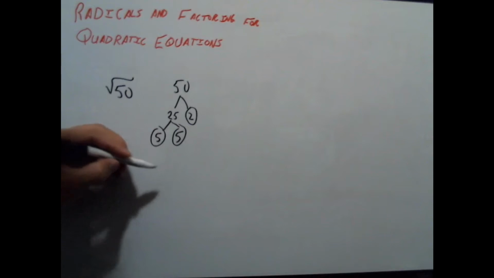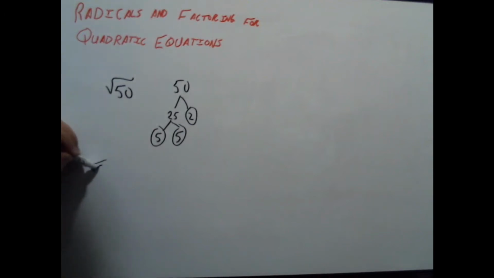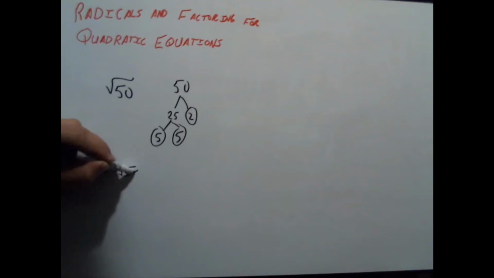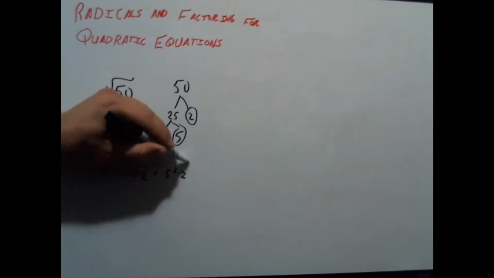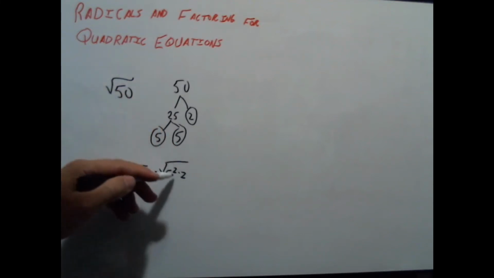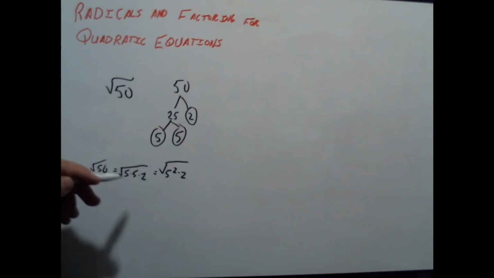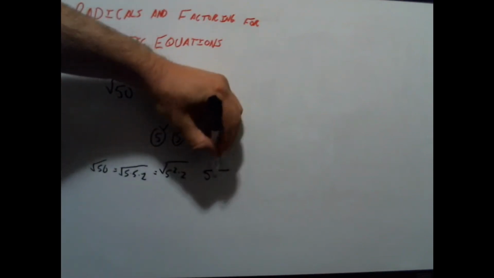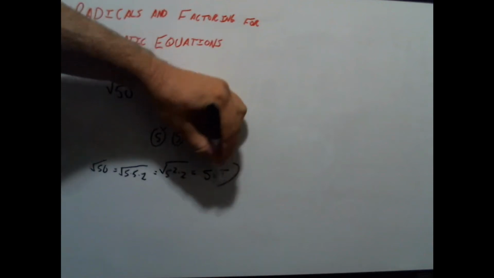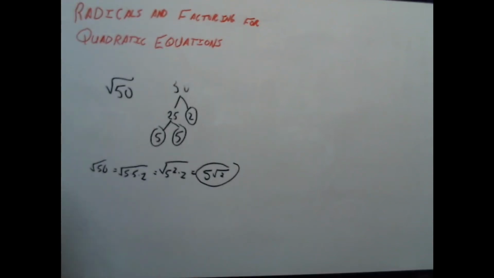So I got radical 50 equals radical 5 times 5 times 2, and that equals 5 squared times 2, since I have two 5's, and if I have a squared, I can pull it out of the radical to be 5 radical 2. And that's how I can simplify radicals.